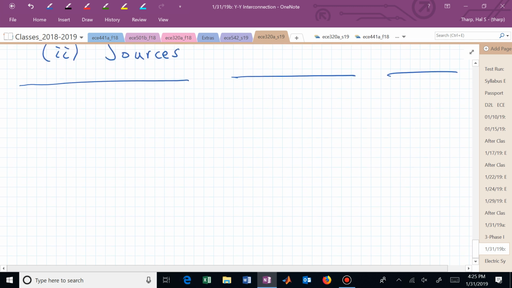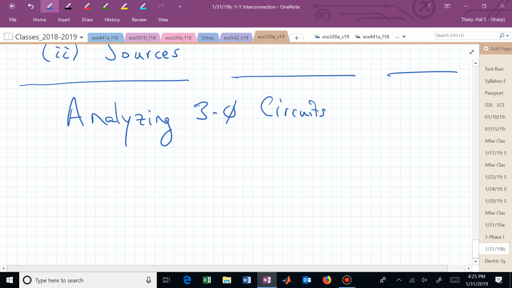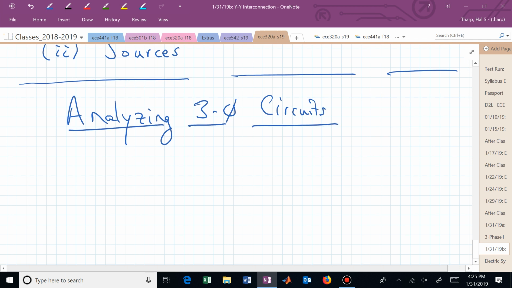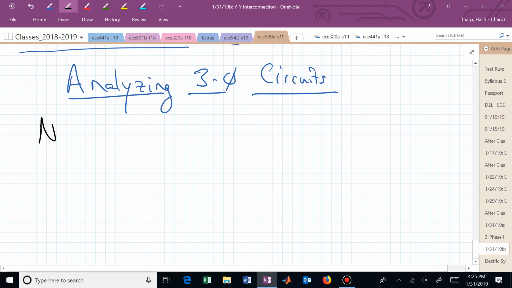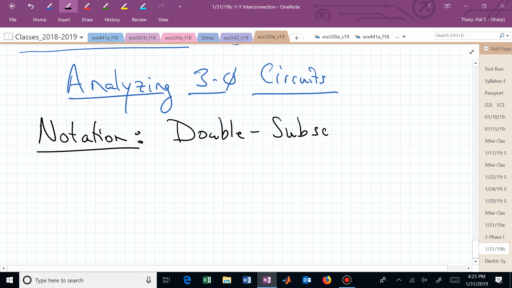So now let's look at analyzing three-phase circuits. And in this analysis, we'll establish or use the following notation. We'll have a double subscript notation.